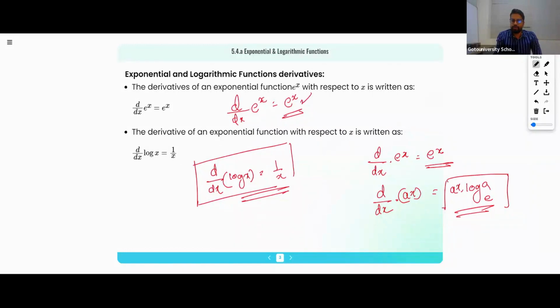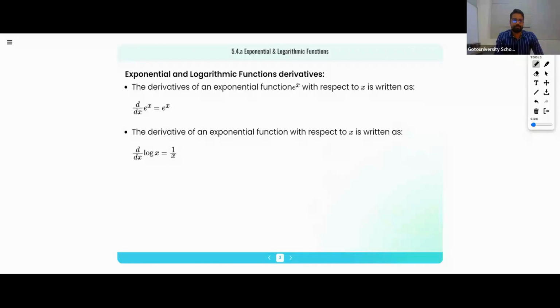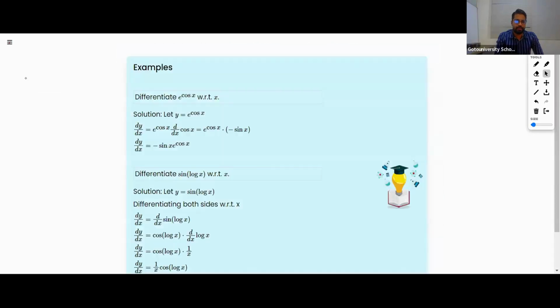Shall we quickly go to the questions and solve examples on this? Yes. See, how are we solving this? Differentiate e power cos x with respect to x.